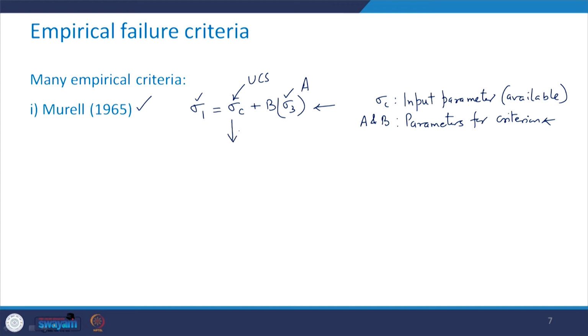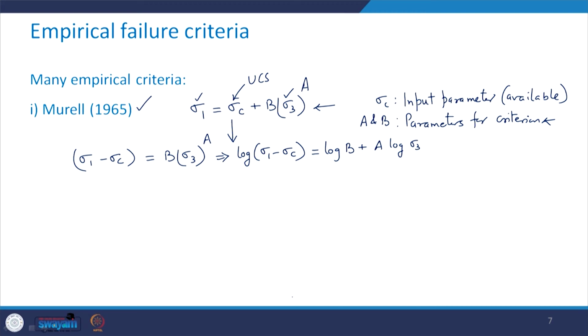I can write this equation as sigma 1 minus sigma c equal to b sigma 3 to the power a. Now, you take the log on both sides of the equation and see what you will get. Log of (sigma 1 minus sigma c) is equal to log of b plus a log of sigma 3.